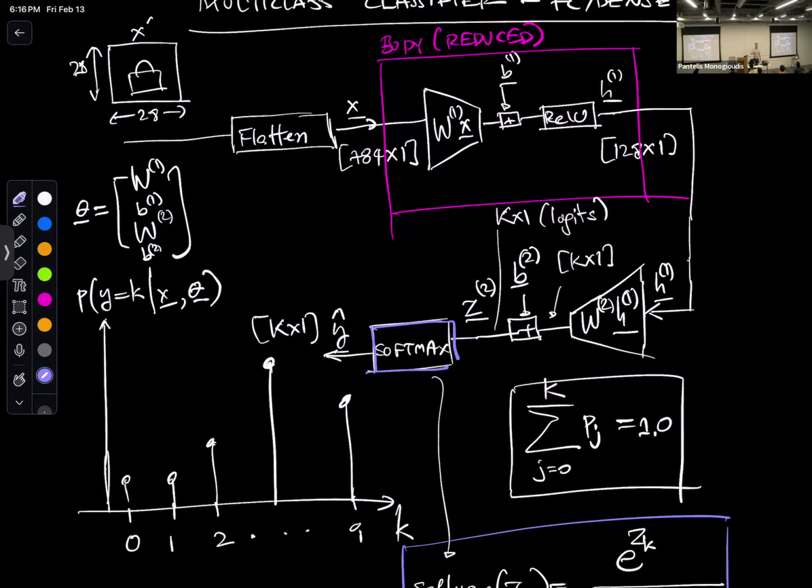Who said yes? Why? Because even if Z is negative, then e to the power of it is still positive. I'm saying this is before the softmax. What is the reason that Z may have a negative element inside it?